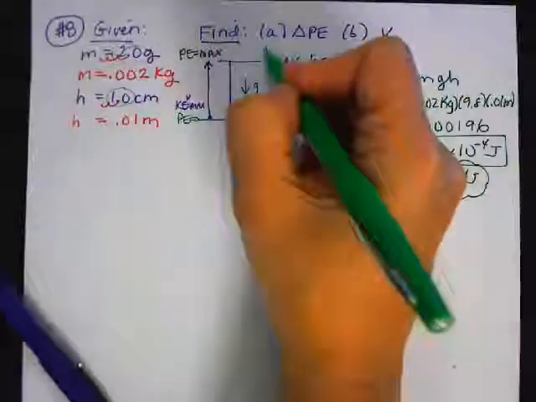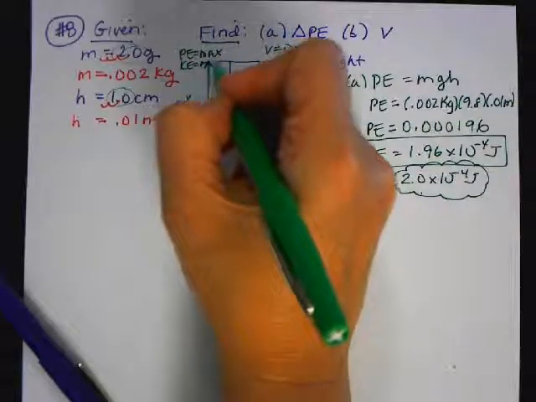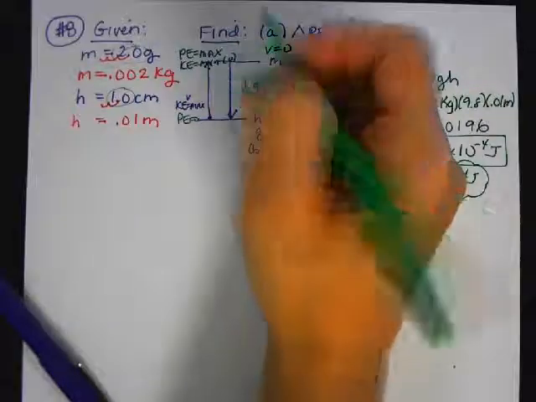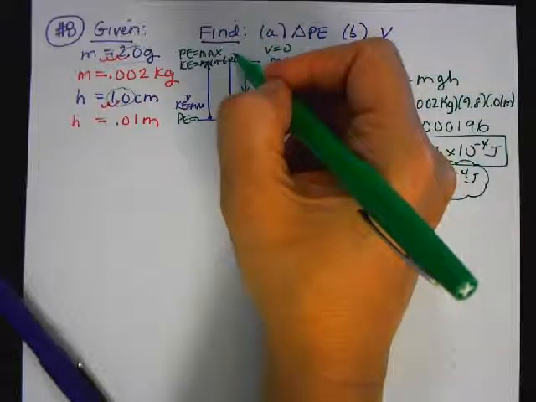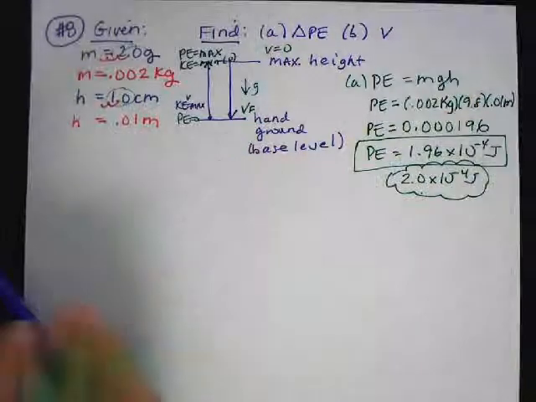So at the top, the kinetic energy is a minimum because it's 0. And then as it falls down, the velocity is going to start increasing, and you're going to have the maximum here. It doesn't matter how you do it.